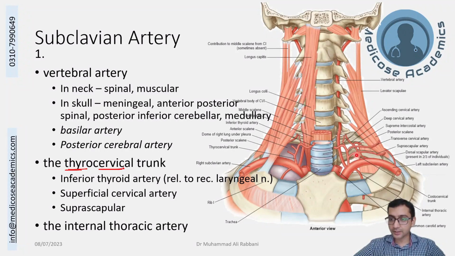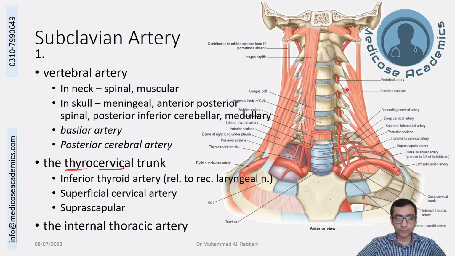There is the suprascapular artery. It will move back and go above the superior margin of the scapula at the suprascapular notch. It will move above the suprascapular ligament. That's a discussion for the upper limb, the anastomosis around the scapula, if you have it in mind. Then there is the transverse cervical artery. It moves laterally and supplies the lateral aspect of the neck.